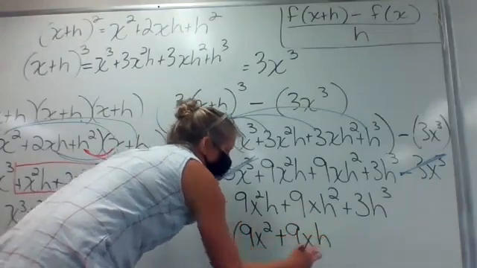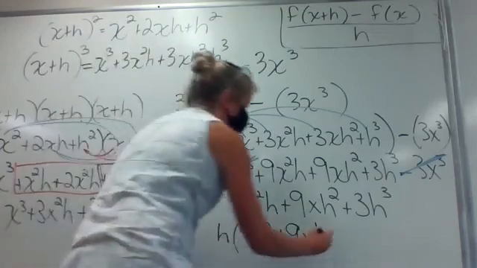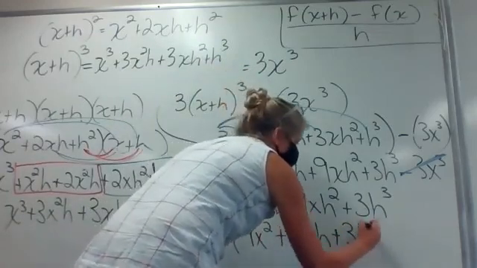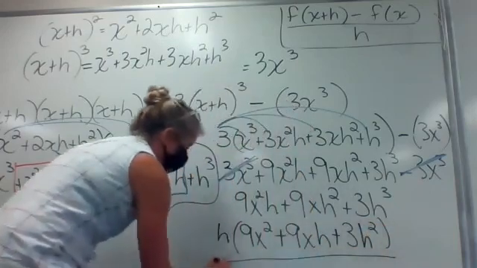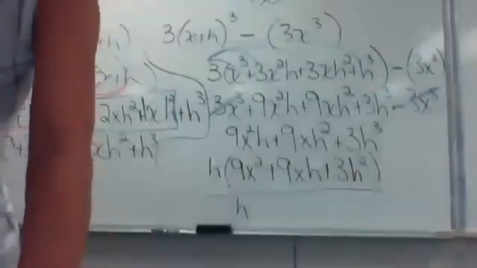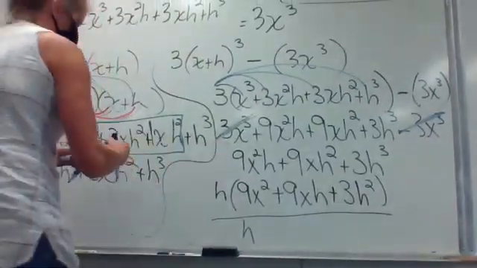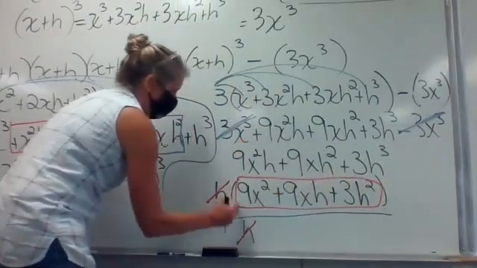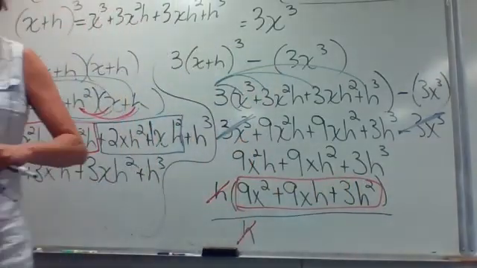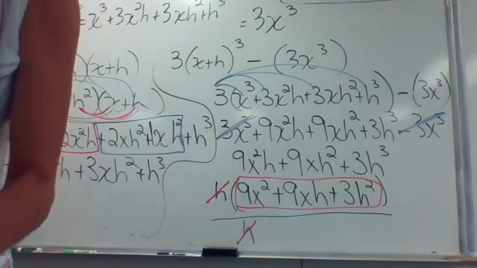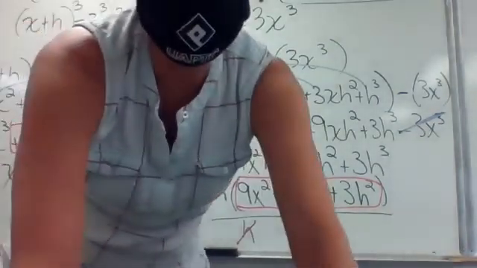If I took an h away, I still have an h. Plus 3. If I took an h out of this, I still have h squared. Again, your denominator's h, which means your h's cancel, and what you're left with in parentheses is your answer. Okay, so we squeezed it all in right on time.